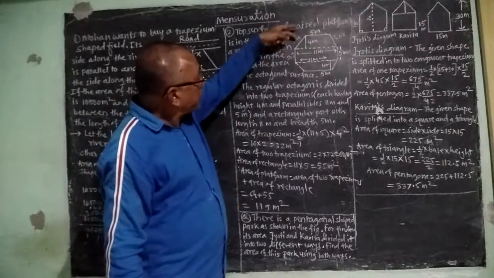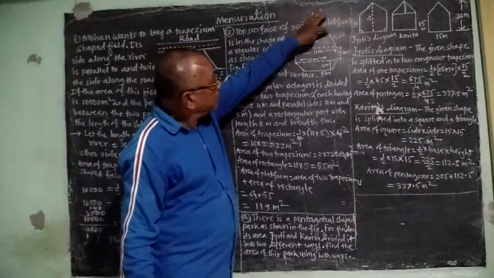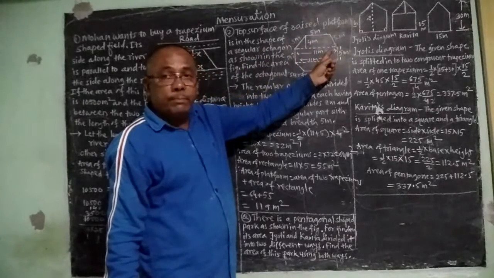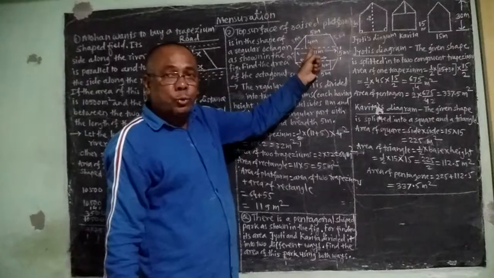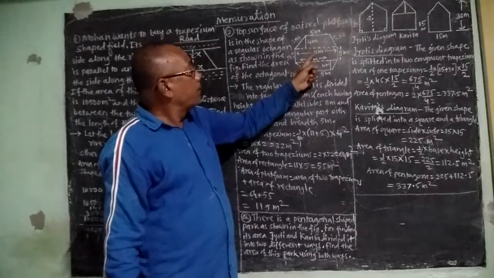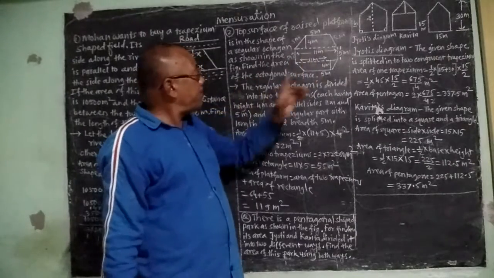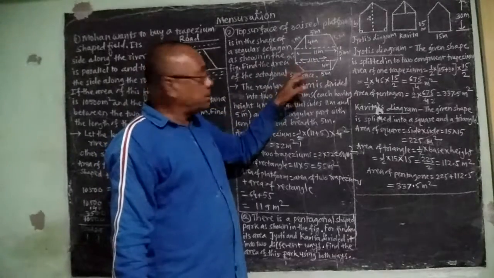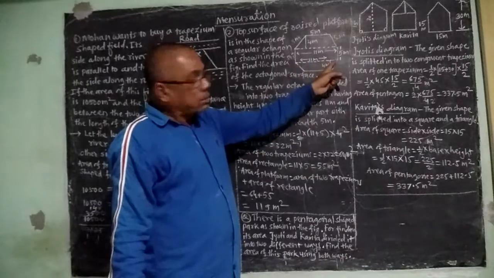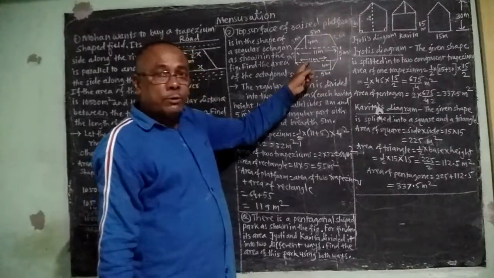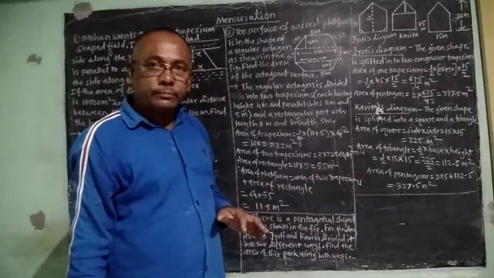The upper parallel side and the lower parallel side are 5 meter and 11 meter respectively.